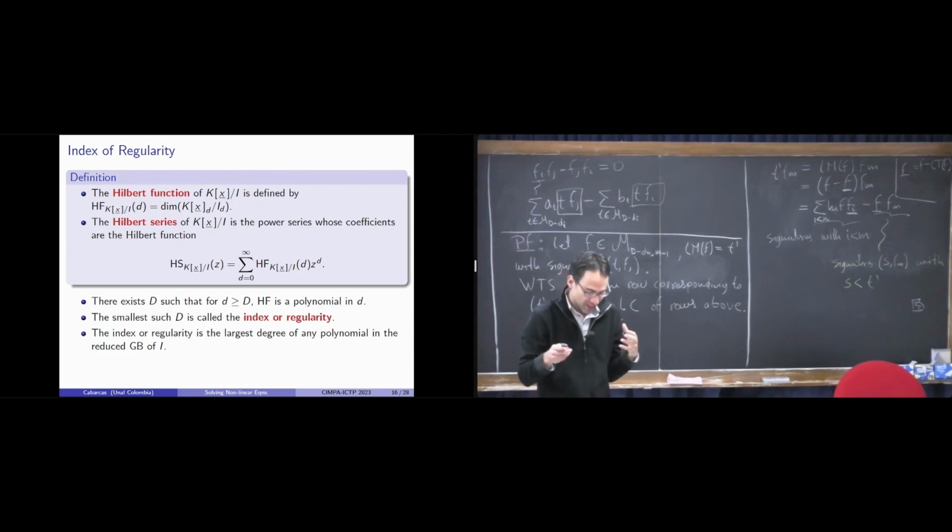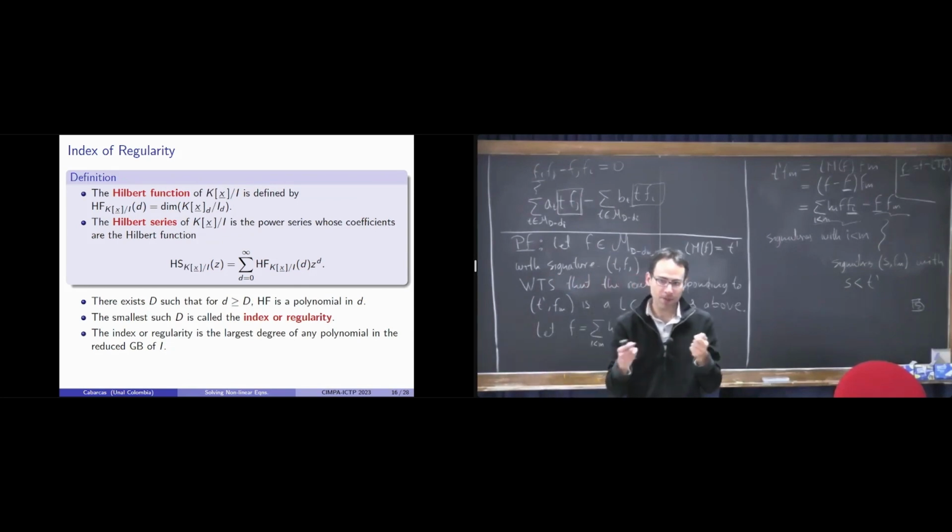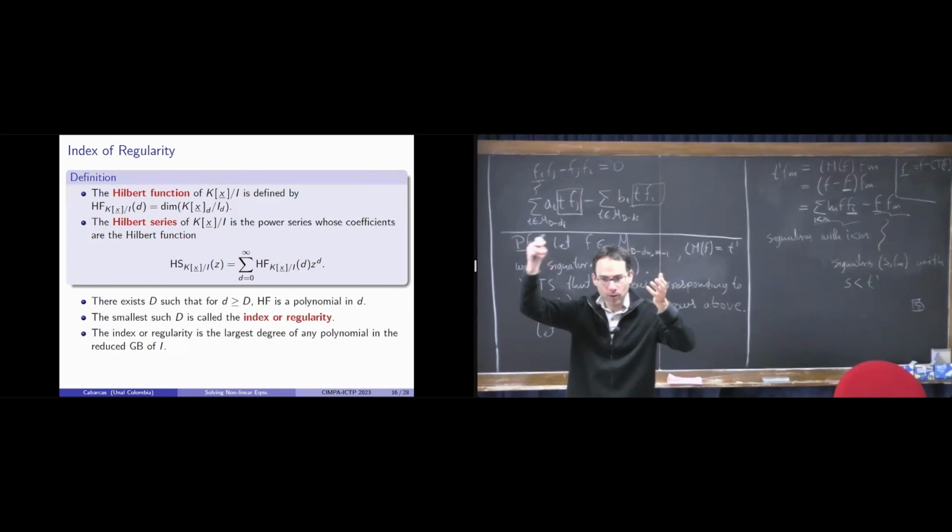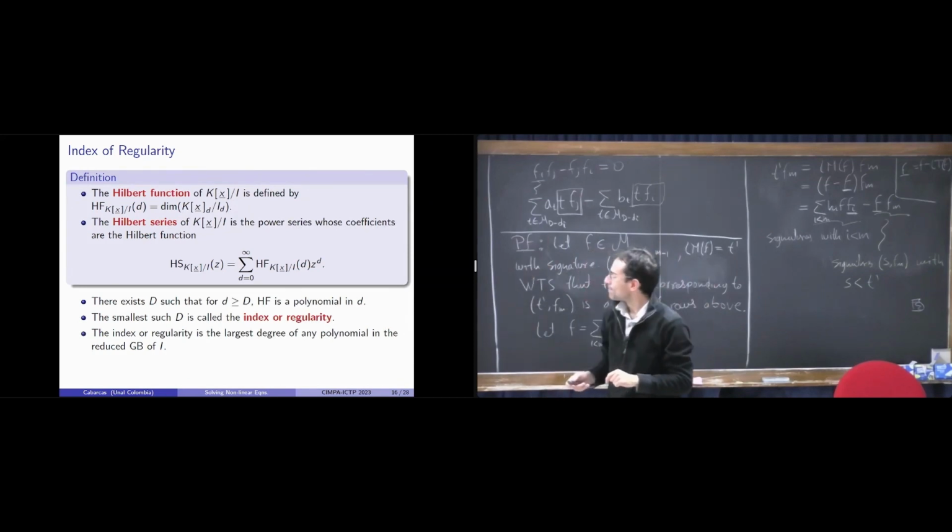So this is for a homogeneous set of polynomials. It tells us precisely up to what degree we have to go to compute the Groebner basis. So one way to understand the complexity would be to know the index of regularity.